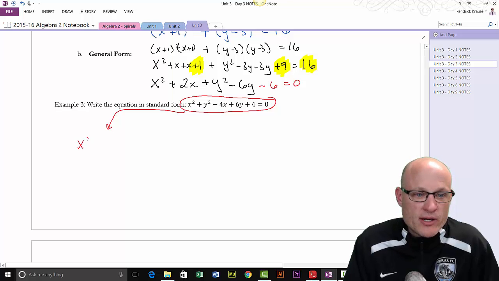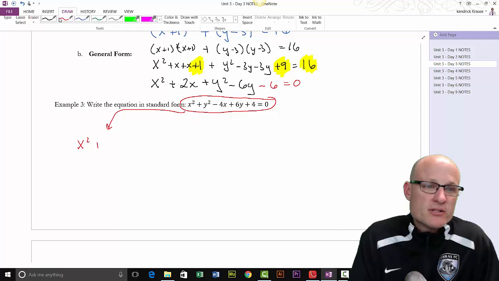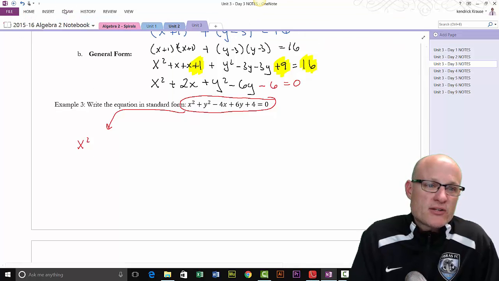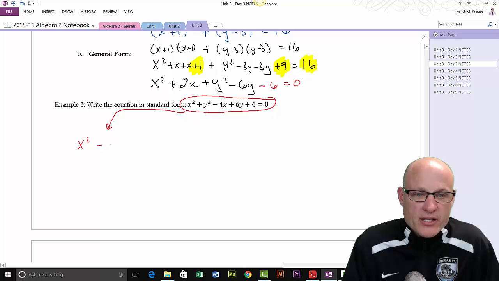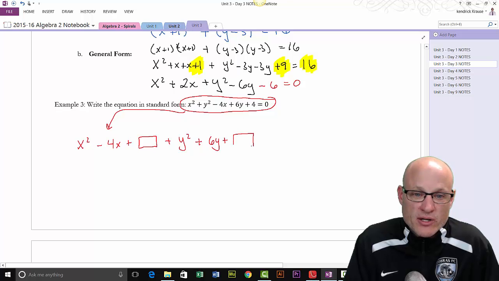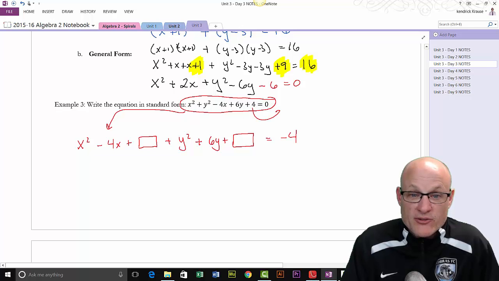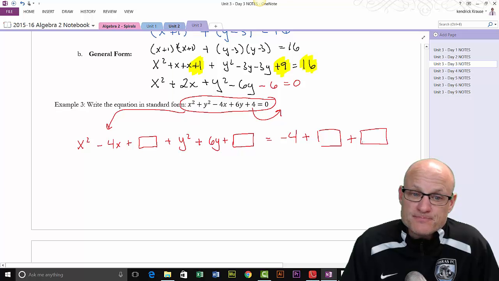So we're going to do x squared minus 4x plus a square, plus y squared plus 6y plus a square is equal to negative 4, because we're going to bring the constant over, so that's what we normally have done. But do you notice there's 2 squares on the left? Because there's 2 squares on the left, we're going to put 2 squares on the right.